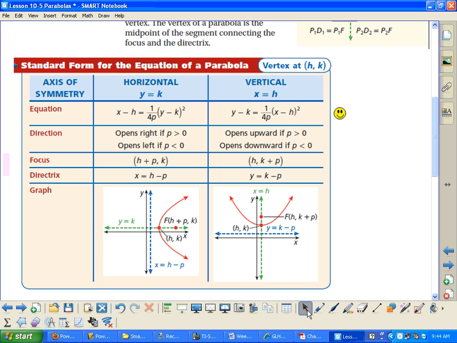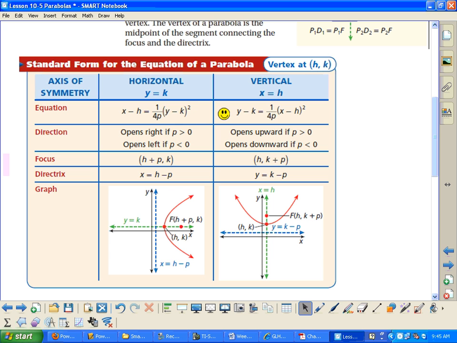If it opens horizontally, then y is squared, and the equation looks like this. If it opens vertically, which is what you've always seen in the past, then x is what is squared. So if it says x equals, it's horizontal. If it says y equals, it's vertical.